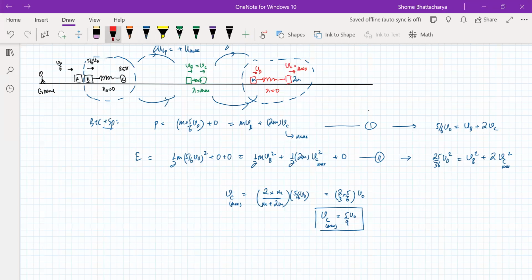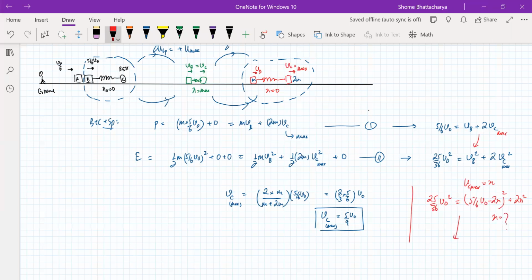So if we substitute this over here, let's take VC max as a variable x. So 25 by 36 v naught square is equal to VB, which is 5 by 6 v naught minus 2x, whole square, plus 2x square. So we want to solve for x.